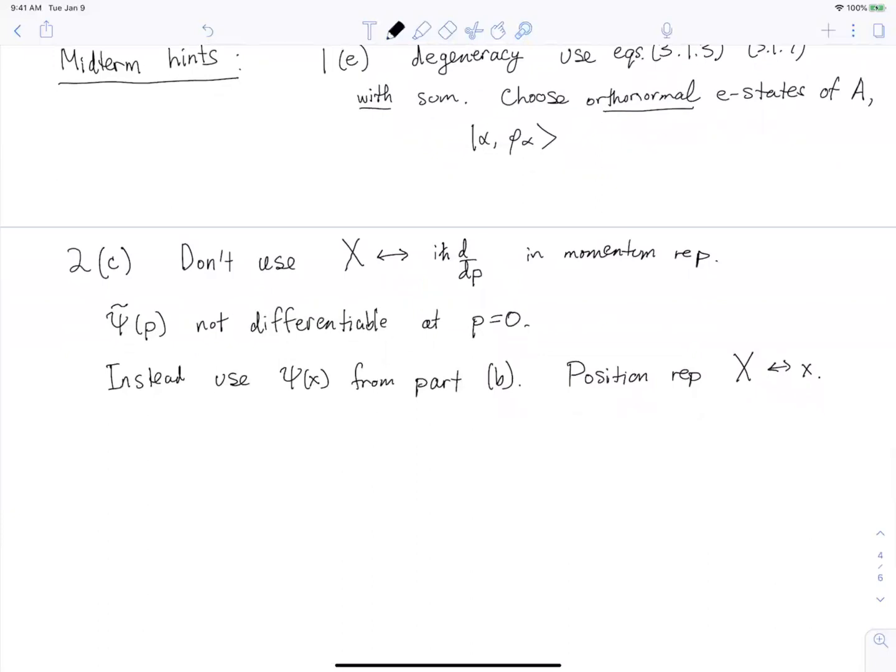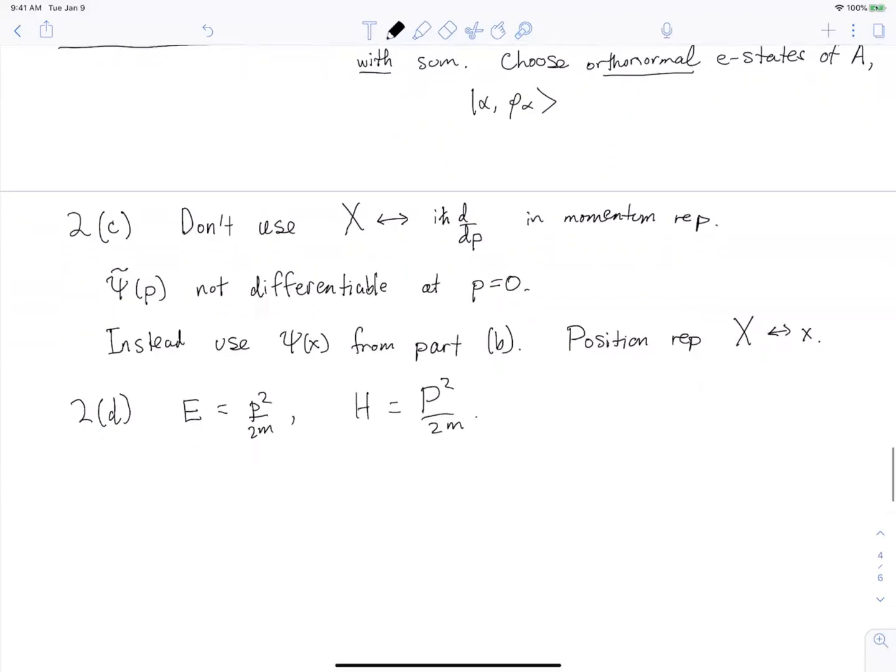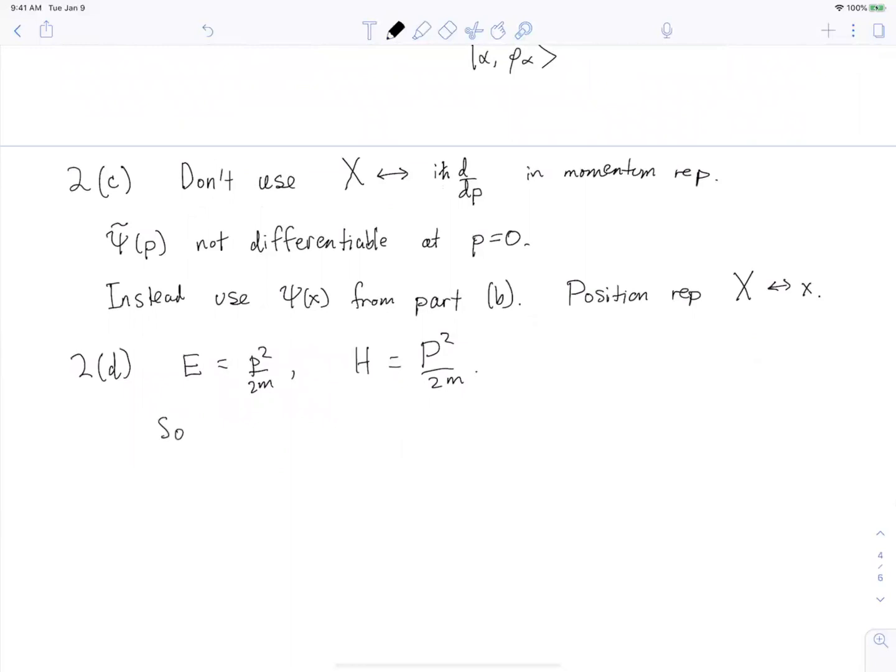Okay, a hint for part 2D. 2D said, assume that this particle is moving without a potential, which means the energy is p squared over 2m classically, or the Hamiltonian is the operator p squared over 2m. And so an easy way to get the probability that the energy is greater than some value E0 is to write it as the probability that the absolute value of the momentum is larger than something that's very easy to work out.